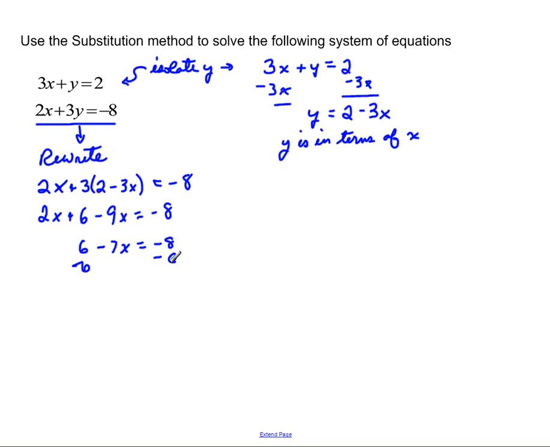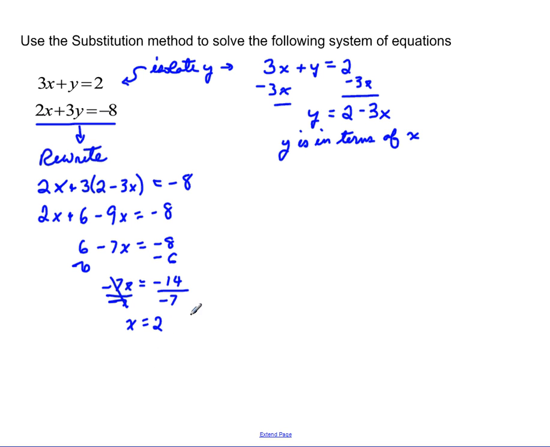We're going to get negative 7x is equal to negative 14. And if we divide both sides by negative 7, we get x is equal to, negative divided by negative is a positive, 14 divided by 7 is 2.